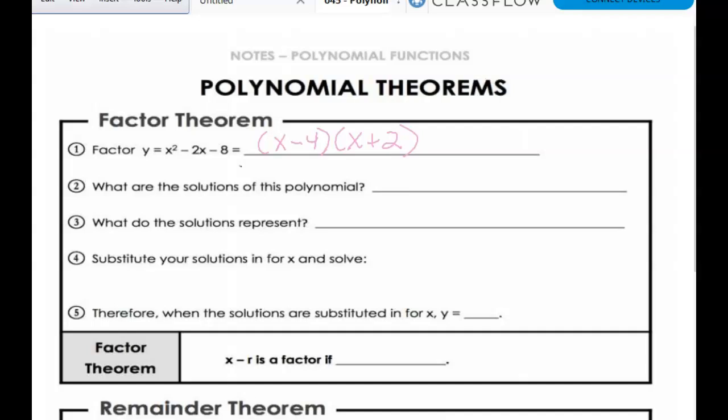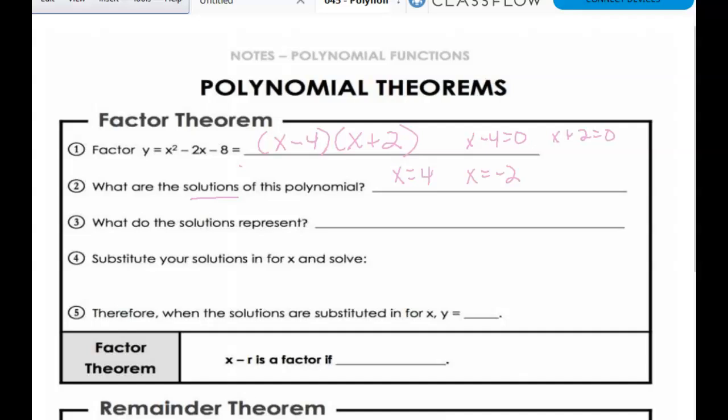So the solutions are when we take x minus 4 and set it equal to 0, and x plus 2 and we set it equal to 0. And that gives us our solution. So I get x equals 4 and x equals negative 2. And if you'll remember, that's the number that we tested when we synthetically divided yesterday. So that is a solution.